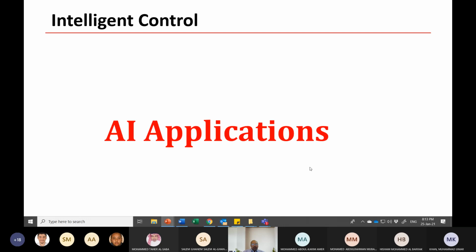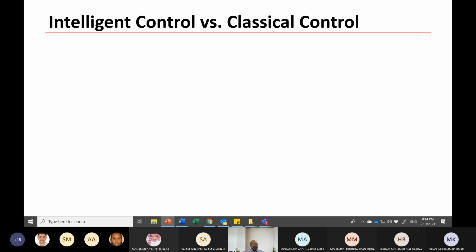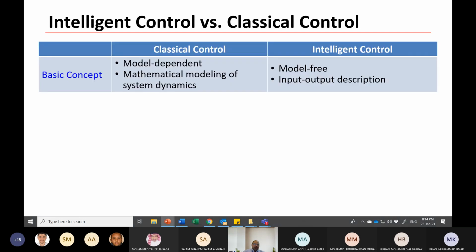We will see the structure of this, but this is just an illustrative example for the neurofuzzy hybrid system. The application of the artificial intelligence, of course, it becomes very popular nowadays, and we have several applications of the neural network. In terms of control, let us see the intelligent control versus classical control. If you see the comparison here, in terms of the basic concept, the classical control is model dependent.